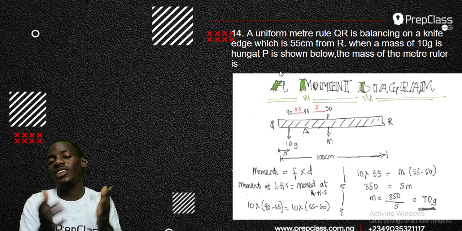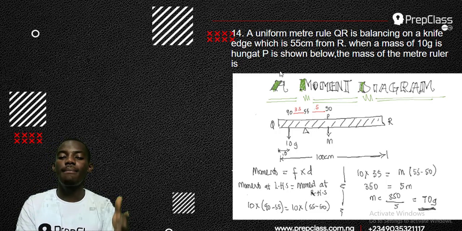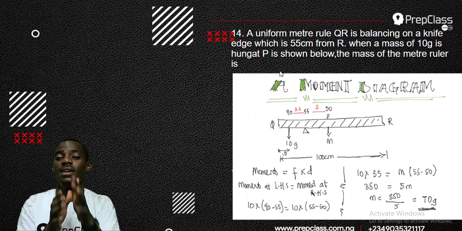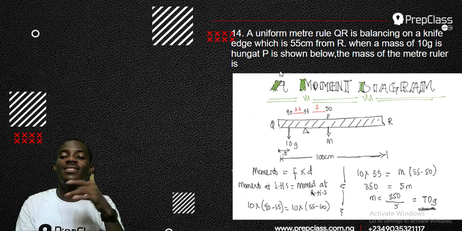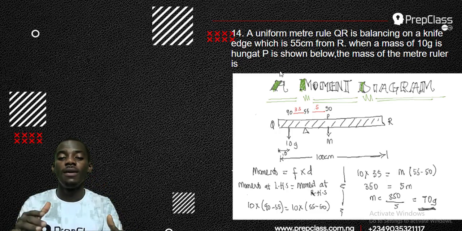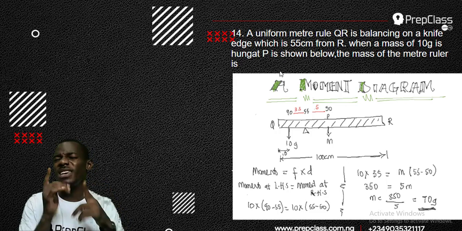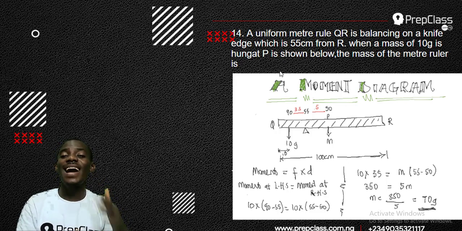Naturally, the moment is force times distance. The moment at the left hand side, this way, and the moment at the right hand side, that way, must be equal. That's the law of moments. So the moment at the left hand side must be equal to the moment at the right hand side.